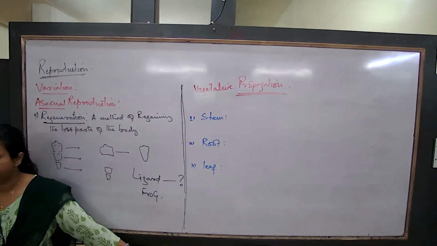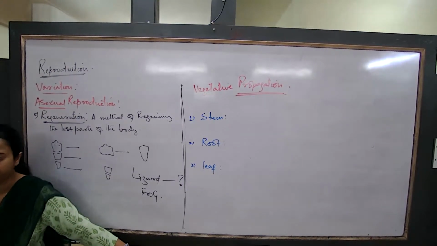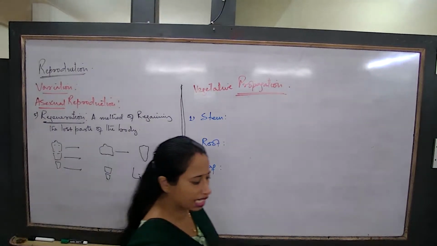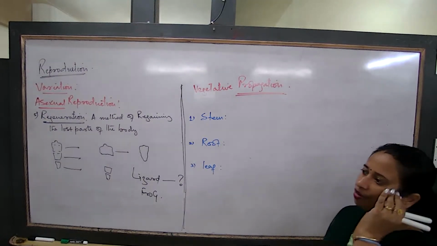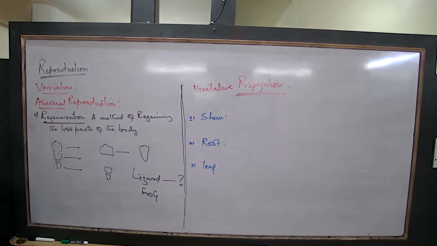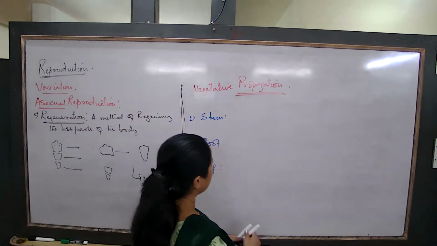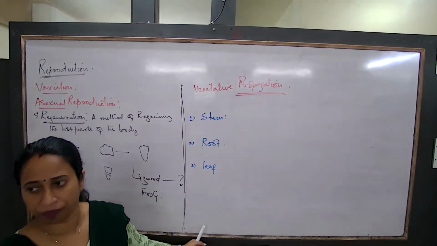The method by which vegetative or non-reproductive parts of a plant give rise to a new plant is known as vegetative propagation.